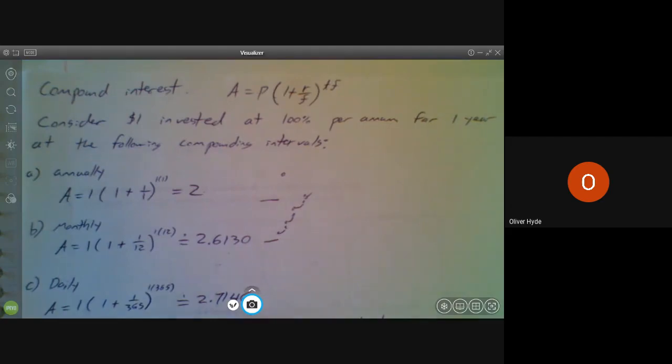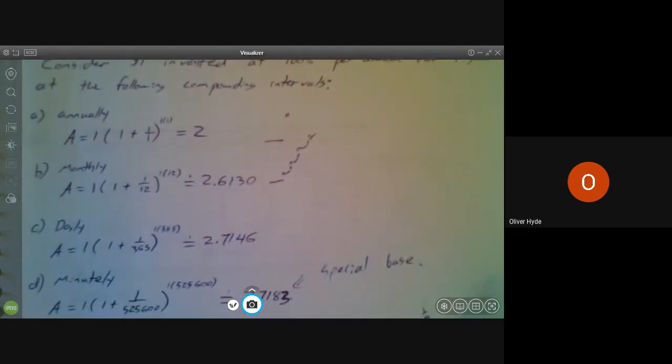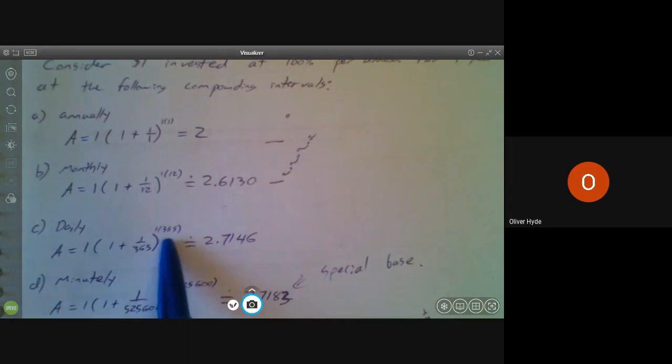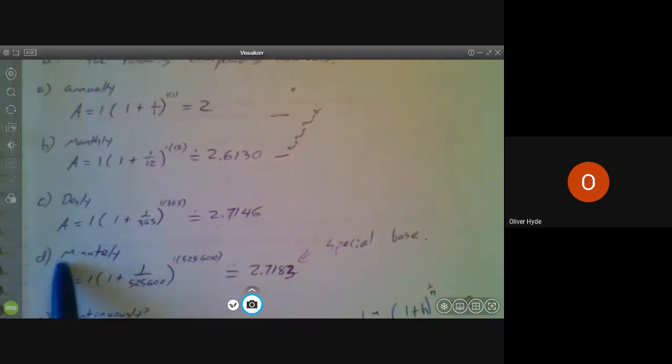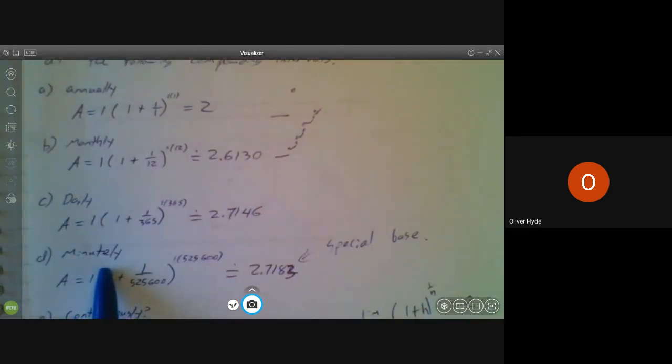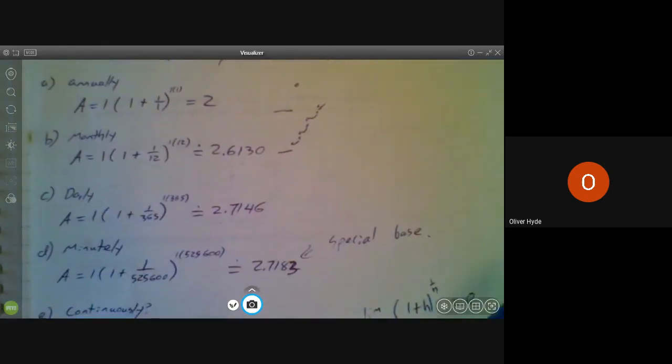If I were to find an investment that would allow me to compound daily, I would have 365 calculations, but each one of those days I would only receive 1/365th of my 100% interest, meaning that I would end up with $2.71.